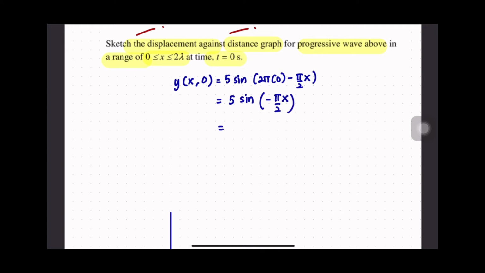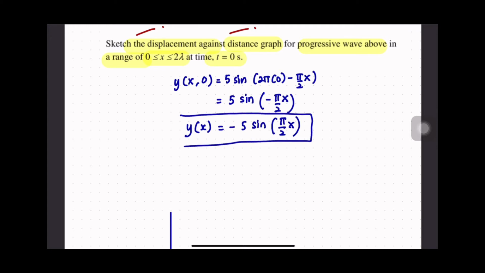Okay, so in general, we move the negative to the front, factorize. It's easier for you to sketch, compared to when the negative is inside the phase. Okay, so the y-x graph is given by the equation negative 5 sin(π over 2 x).